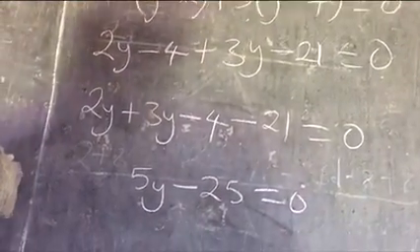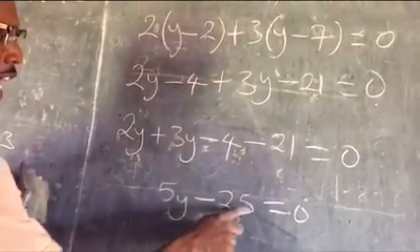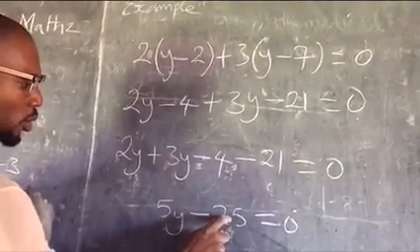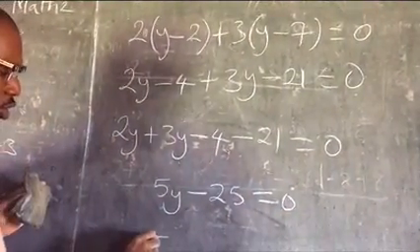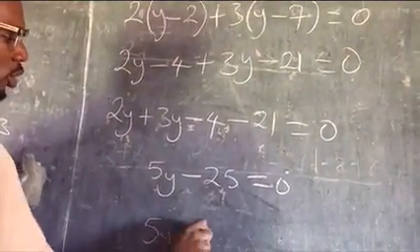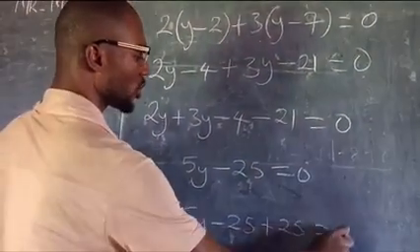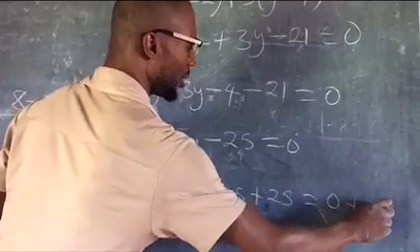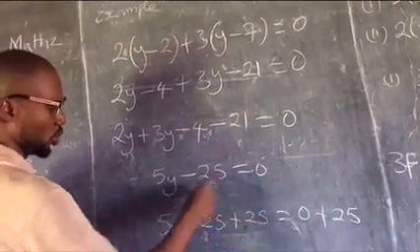Equal to 0. Now I will look for y. So I want to turn this place to 0. What I will do is add 25 here. Then add 25 on this side. So I get 5y minus 25 plus 25 is equal to 0 plus 25. Right? So this minus and plus will turn to 0.